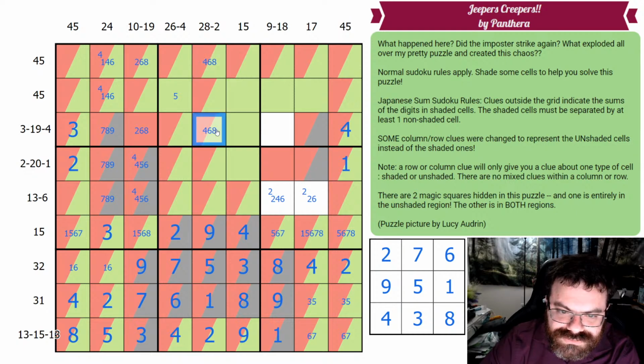And these couldn't be 2. Right, this can't be the center because then we couldn't have a 4 here or here. Same here. No, wait, maybe here would be okay.